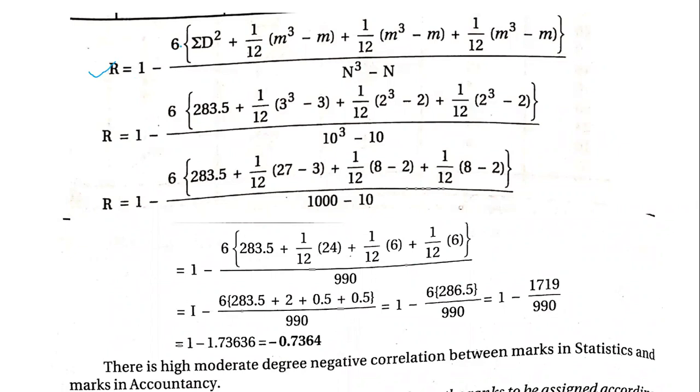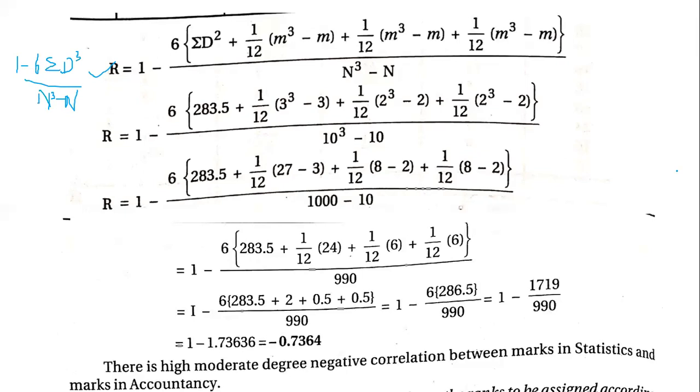Okay, so for the previous problems, what was your formula? 1 minus 6 sigma D square divided by n cube minus n. Correct? Here also the formula is same. But since we have repeated numbers, for those repeated numbers, we are adding this set.